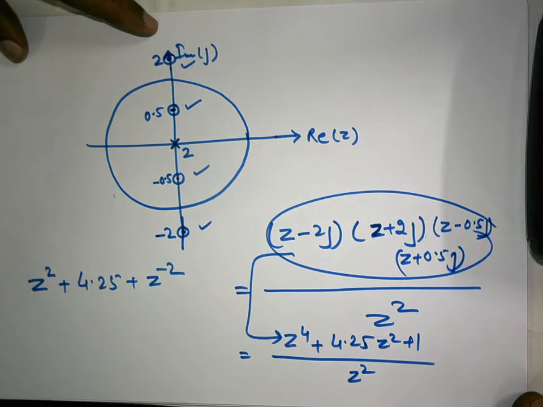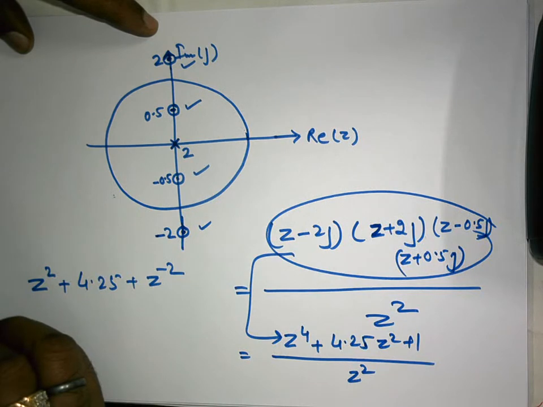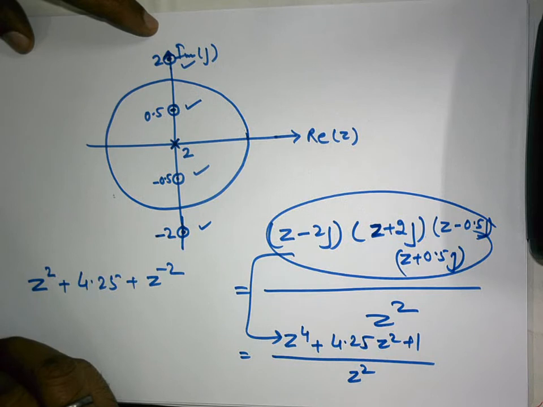Now, there is one more thing that is asked in the question, that we have to comment on whether the signal corresponding to this is even or odd. We will get a signal corresponding to this if we evaluate the inverse Z transform. So, is that signal an even signal or an odd signal?